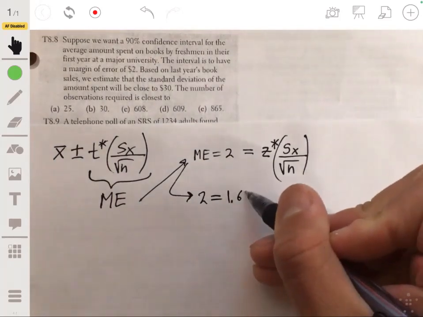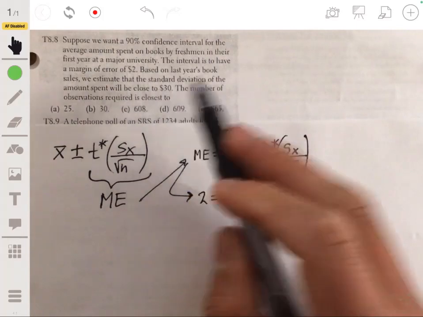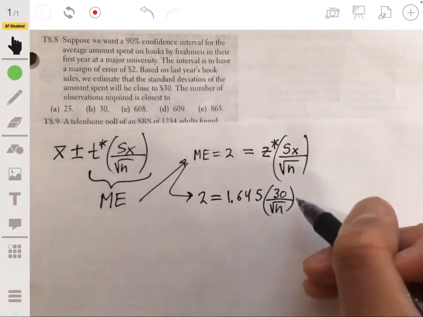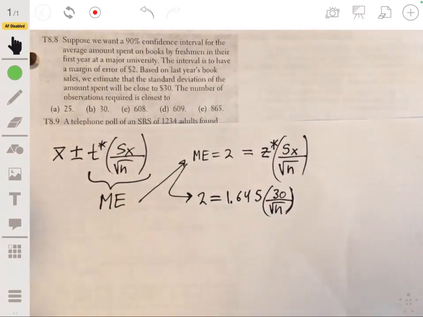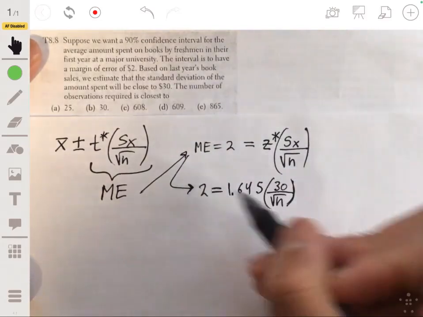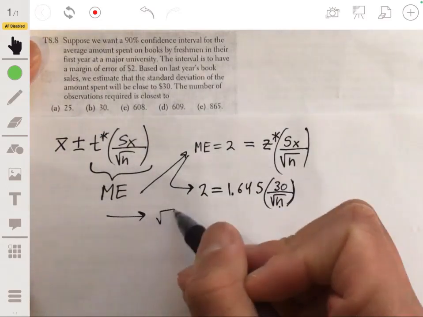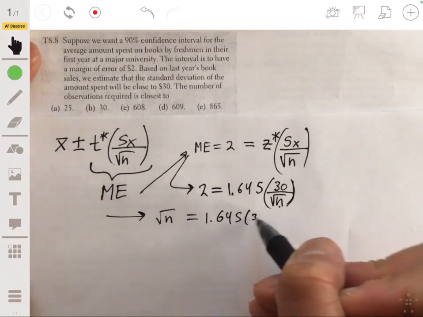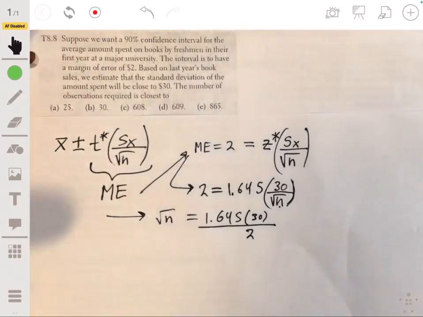So 1.645, and we're told to use the standard deviation of 30, over the square root of n. Now it just becomes an algebra problem, hopefully the easy part. Multiplying both sides by the square root of n and dividing by 2 gives us that the square root of n is 1.645 times 30 all over 2.